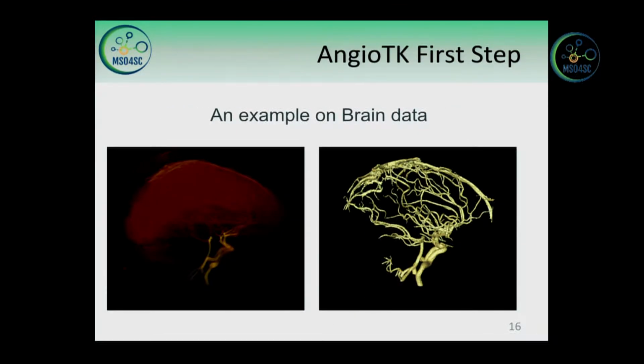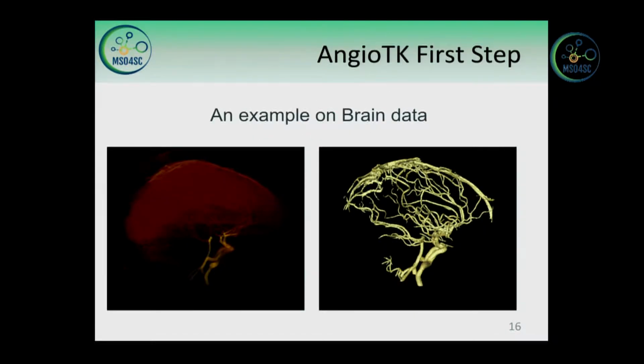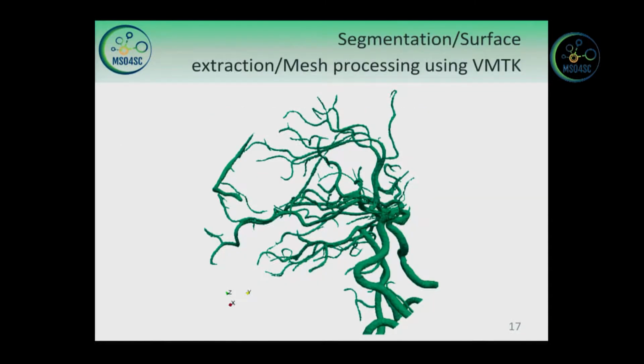Here is an example of a 3D image before using the tool and a 3D image after using the tool. See? This is extremely important for what follows, because if you don't have that, then you get a lot of garbage. And here, even though it seems like nice data, if you zoom, you realize that it's not so nice actually.